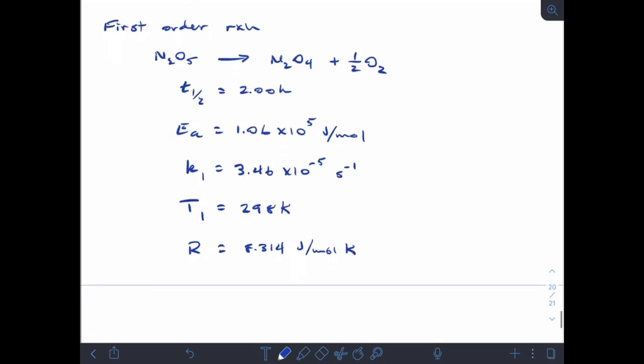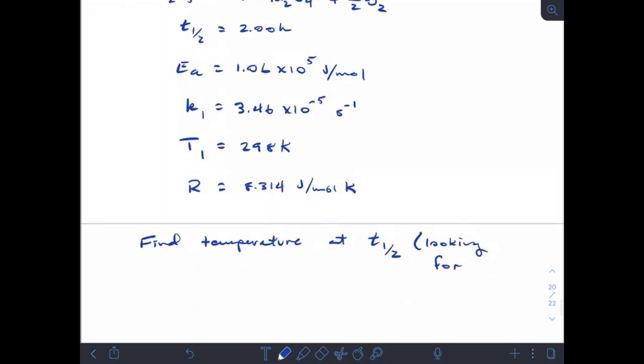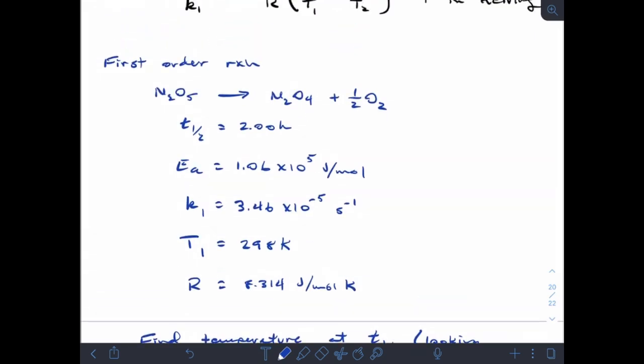So our task, given all this information, is find the temperature at T1 half. Okay? So in essence, we're looking for T2. Because we have everything in here except for T2.